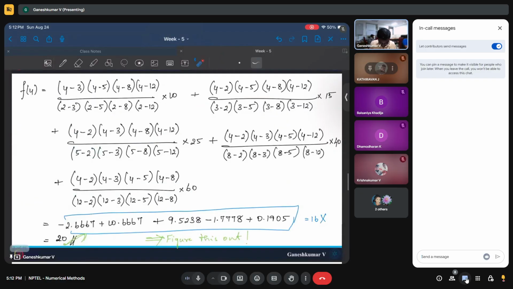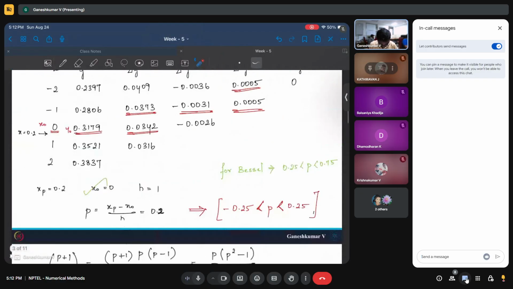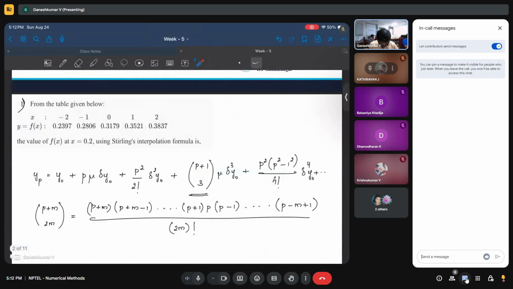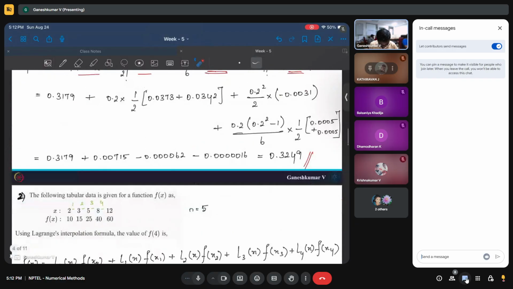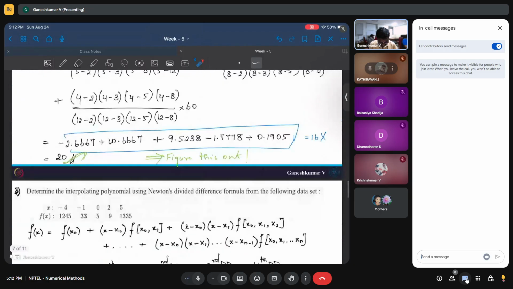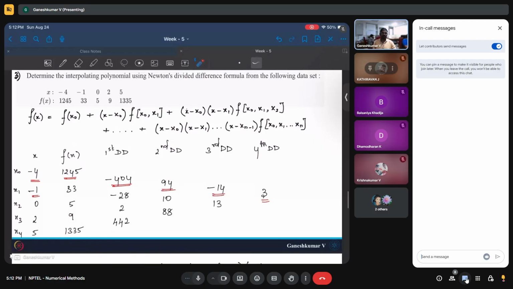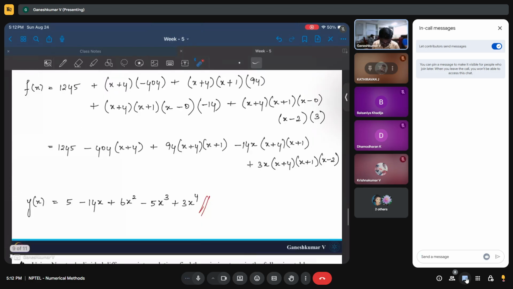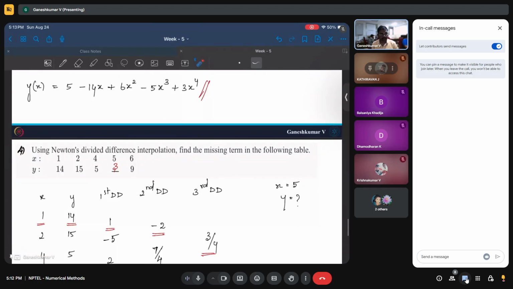So what we did today is we solved 4 problems. One on Stirling interpolation formula, one on Lagrange interpolation, and then we solved Newton's divided difference, both for getting the polynomial and also to find an interpolation value.